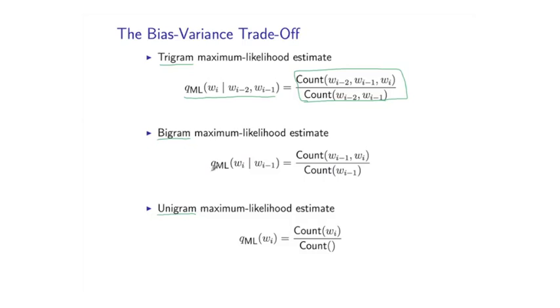So the bigram estimate, again we use q sub ml, looks at a word wi and just the previous word wi minus 1. So this is an estimate which conditions only on the previous one word as opposed to the previous two words in the context. And again, this is simply defined as a ratio of counts. On the numerator, I have now a bigram count, and on the denominator, I have a unigram count.